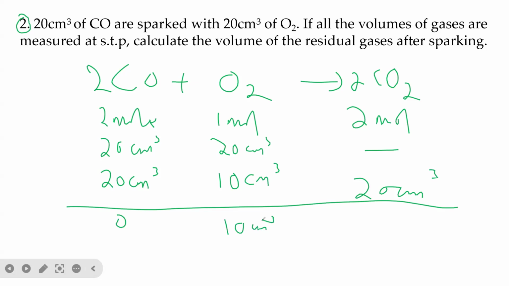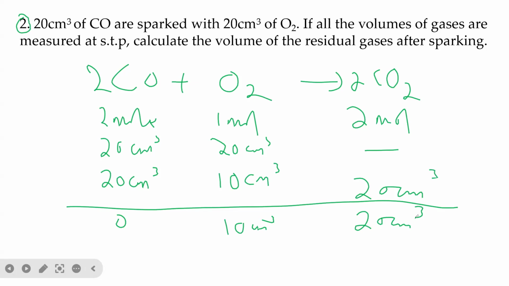That is, 10 centimeter cube of oxygen remains unreacted. Before the sparking, there is no volume of carbon dioxide. After the sparking, 20 centimeter cube of carbon dioxide is produced.